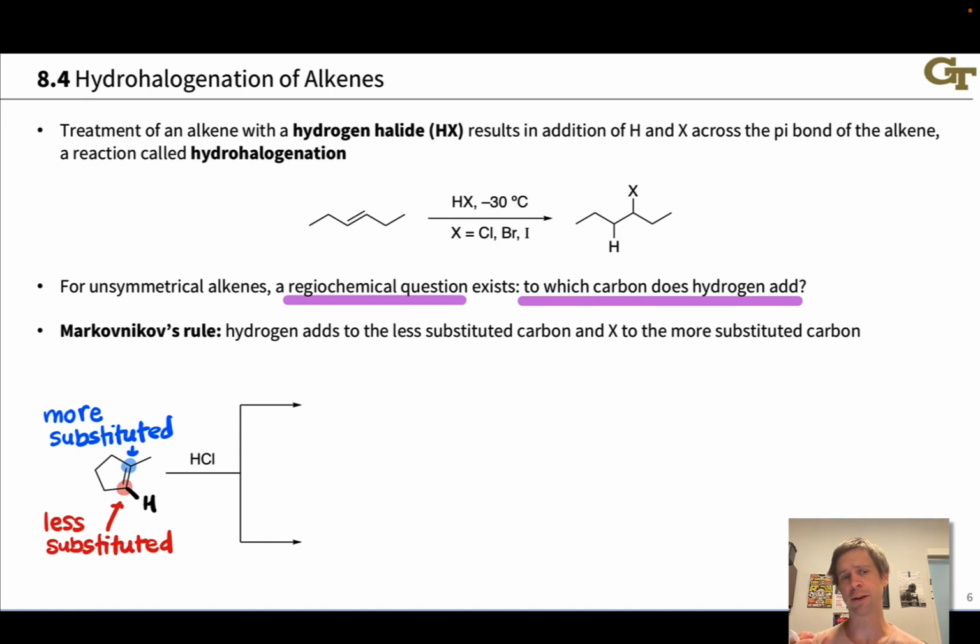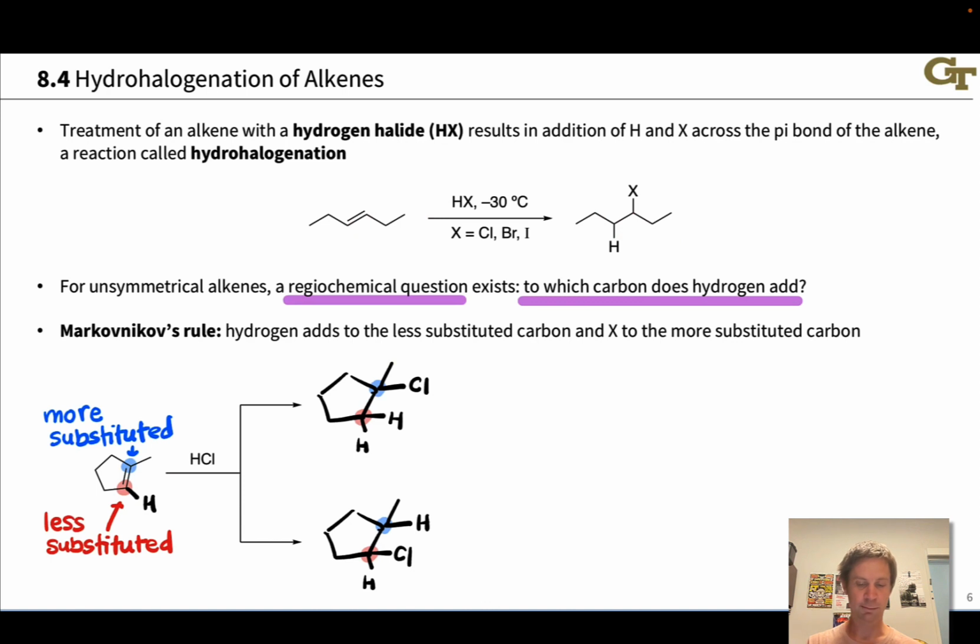One possible regioisomer has chlorine linked to the more substituted carbon of the alkene. Chlorine linked to the carbon highlighted in blue here. But we could imagine another regioisomer where the hydrogen and chlorine switch places. Chlorine ends up linked to the less substituted carbon and hydrogen to the more substituted carbon.